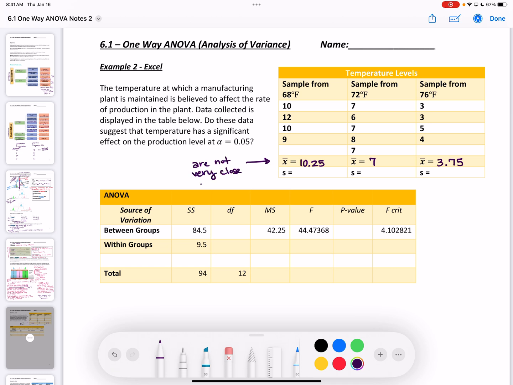So I'm thinking, if I'm talking about my descriptive statistics, this makes me think that I'm going to reject the null that the groups are equal. Okay? So I'm thinking, yes, the temperature in the plant is going to have an impact on the production rates.